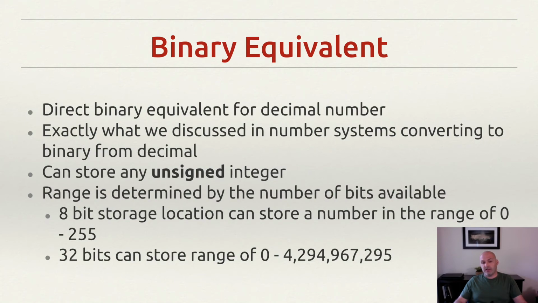And if we have the value 10 in binary, it's 1010, for 1 in the 8's place and 1 in the 2's place. And this is binary equivalent. There's nothing new or different here. We just know that our range is determined by the number of bits available. If we have an 8-bit range, we can store 256 values, or from 0 to 255.